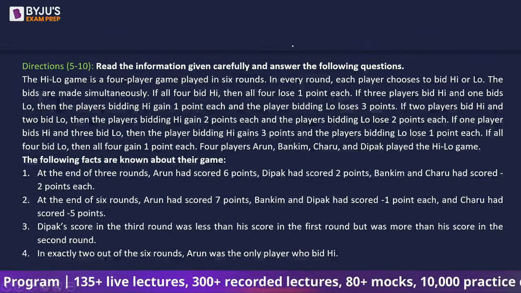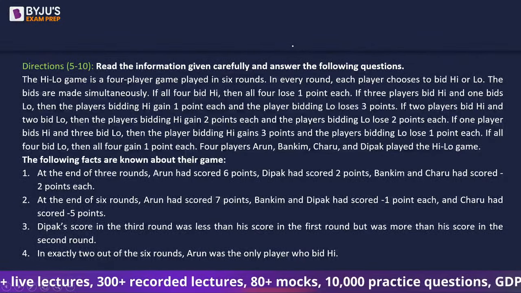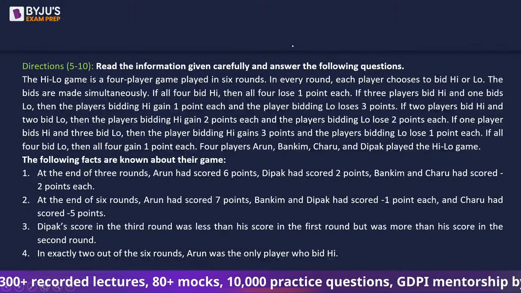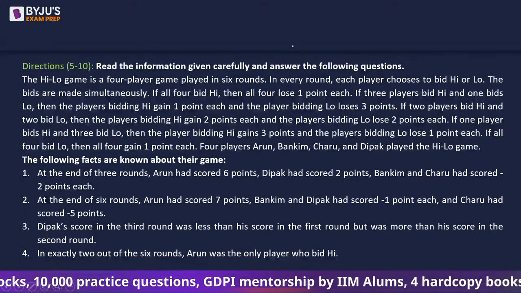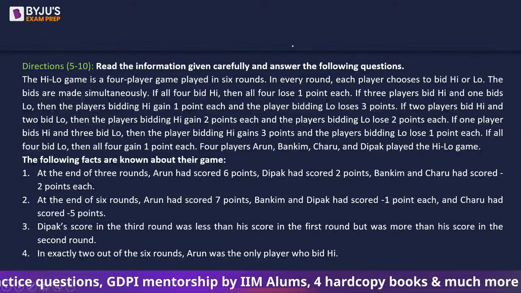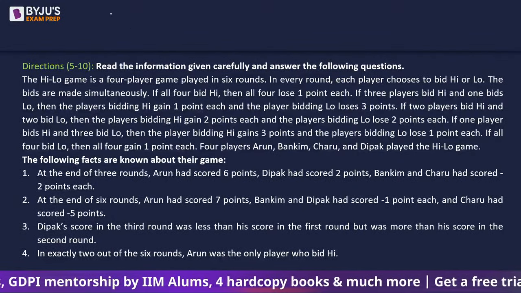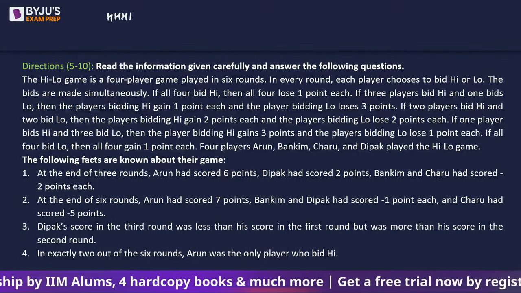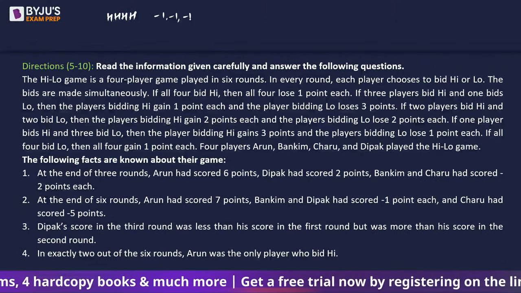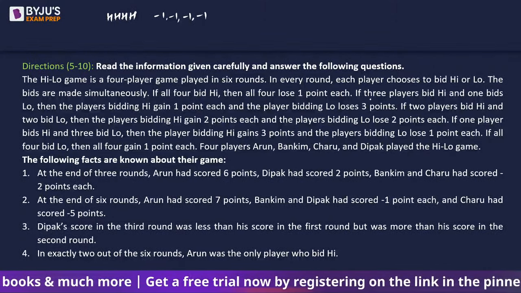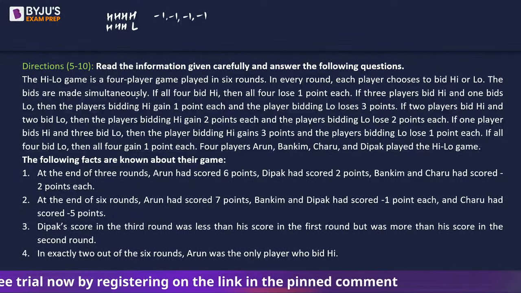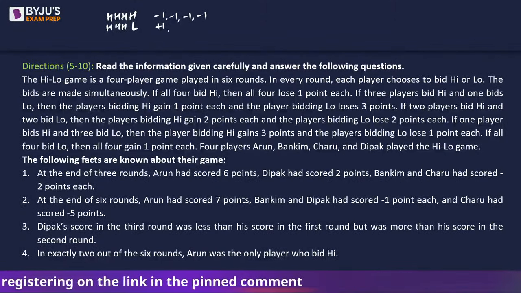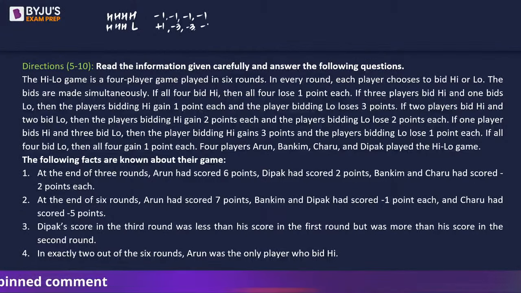Next one. The high-low game is a 4-player game played in 6 rounds. In every round, each player chooses to bid high or low. The bids are made simultaneously. If all 4 bid high, then all 4 lose 1 point each. So if we get 4 H, each one gets a -1 respectively. If 3 players bid high and 1 bids low, then the players bidding high gain 1 point, while the low one loses 3 points each.